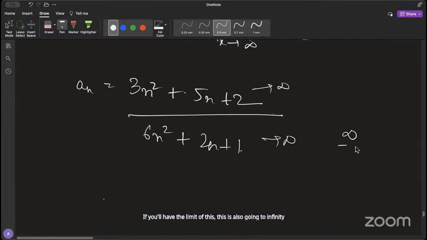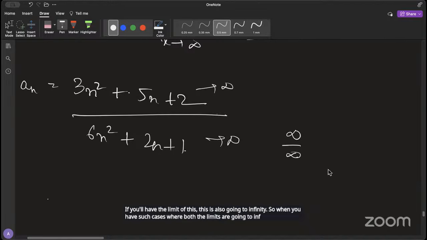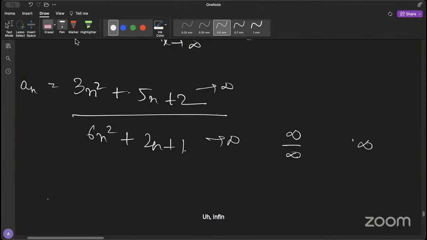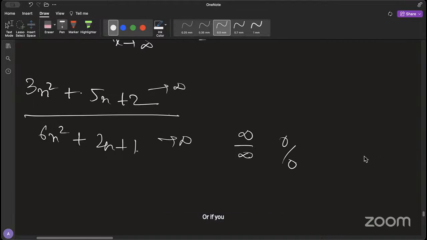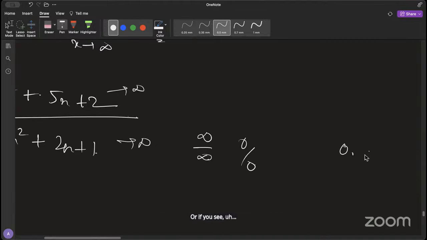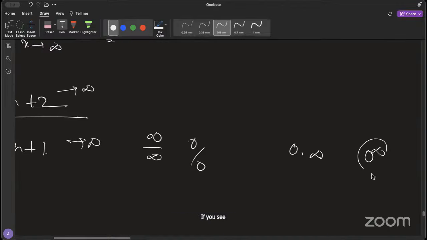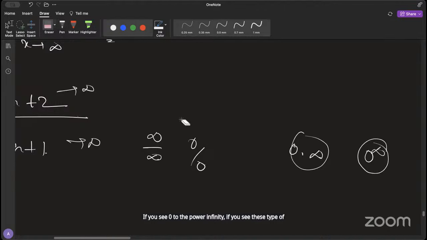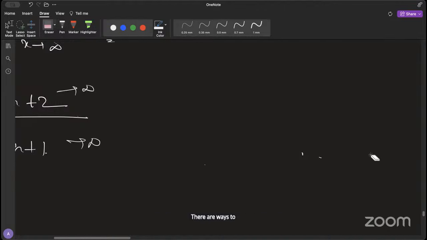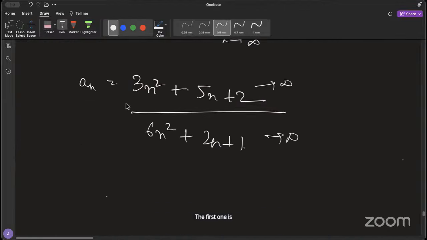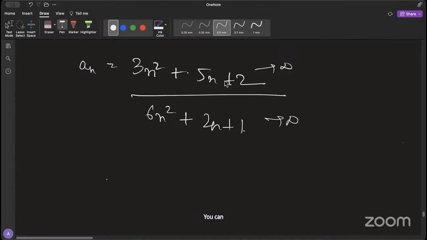When you have infinity by infinity, or 0 by 0 form, or 0 into infinity form, or 0 to the power infinity, there are ways to solve such questions. The first one, because this is a simpler one, you can just divide the numerator by n square and the denominator by n square.